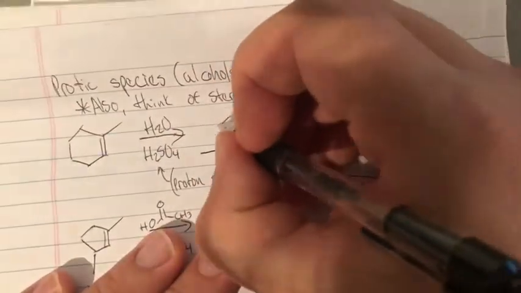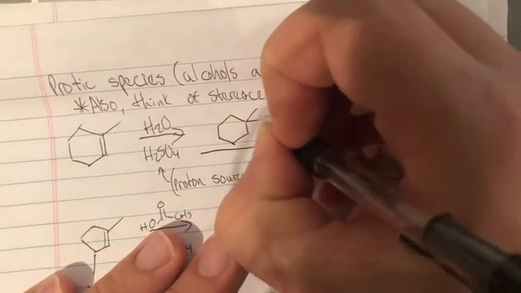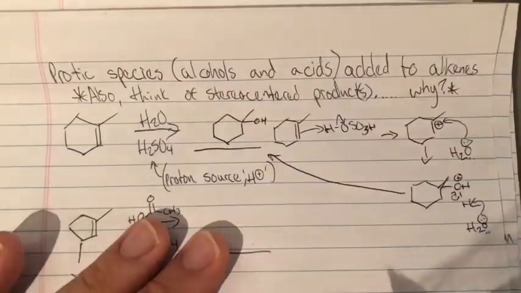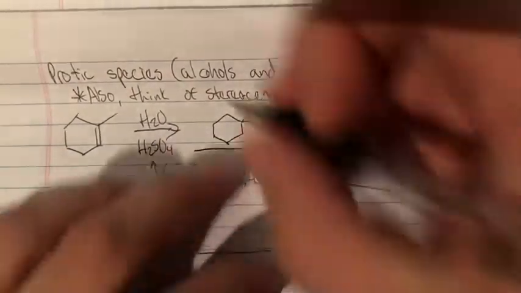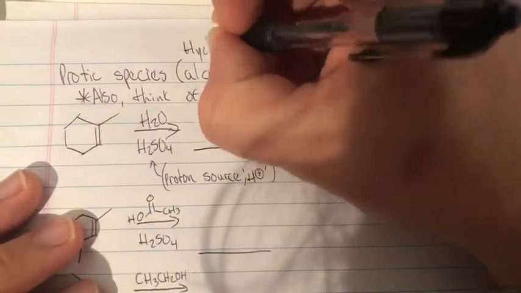Which is going to lead back over here, and that is going to be your addition or hydration, in other words. So this is going to be a hydration reaction.